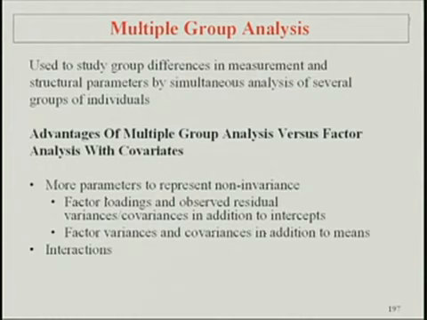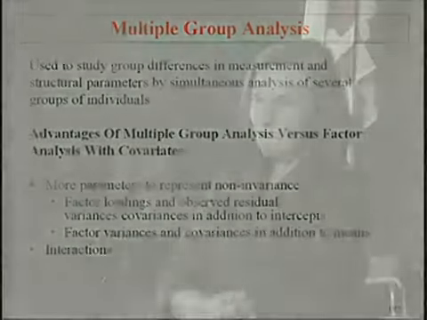The advantages of multiple group analysis are that you can look at invariance not only of the intercept, the measurement parameter, the intercept of y, but also the factor loading and the residual variances, because in multiple group analysis we can get at those factors. If the groups are male and female, then the males have an intercept, a factor loading and a residual variance, and the females have an intercept, a factor loading and a residual variance. And you can test whether these are different.